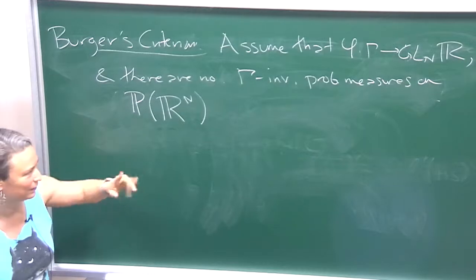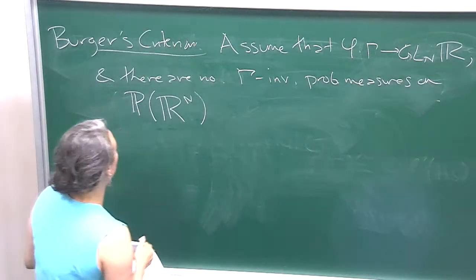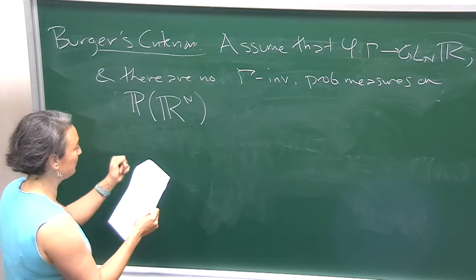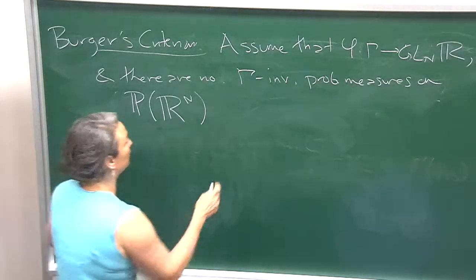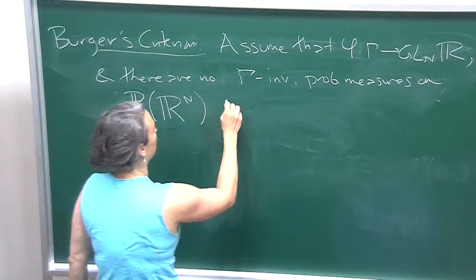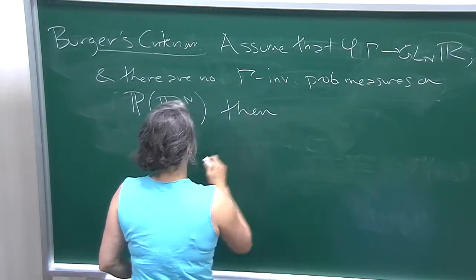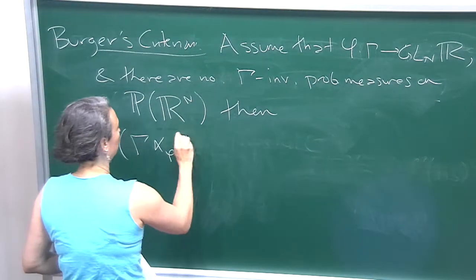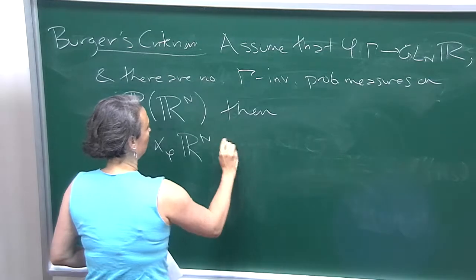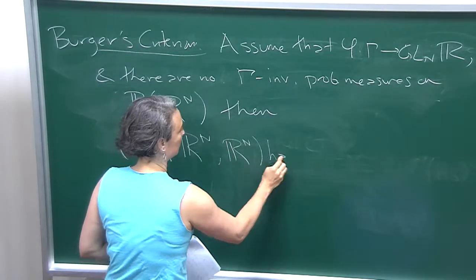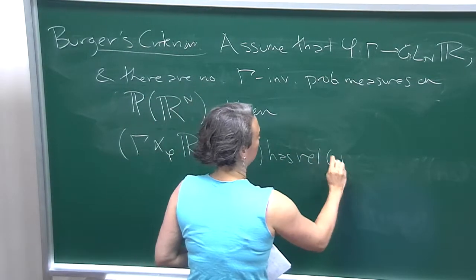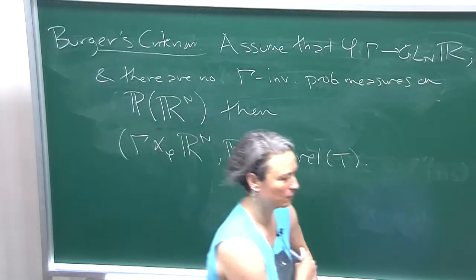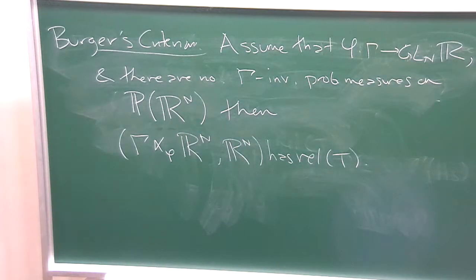I'm about to fill it in, but I'm going to finish the statement first. Then, this is the projective space, gamma semidirect product with phi Rn has relative property T. Okay? So what was the thing that I omitted there?